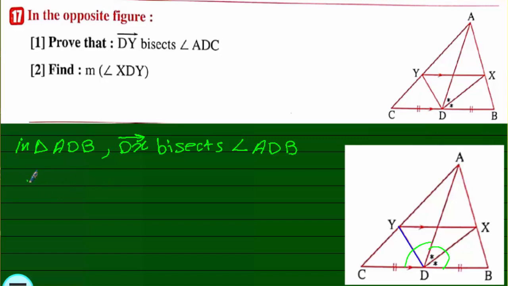So we have as a relation AX over XB equals AD over DB. Again, we have AX over XB equals AD over DB here. Okay, and we call this relation 1.